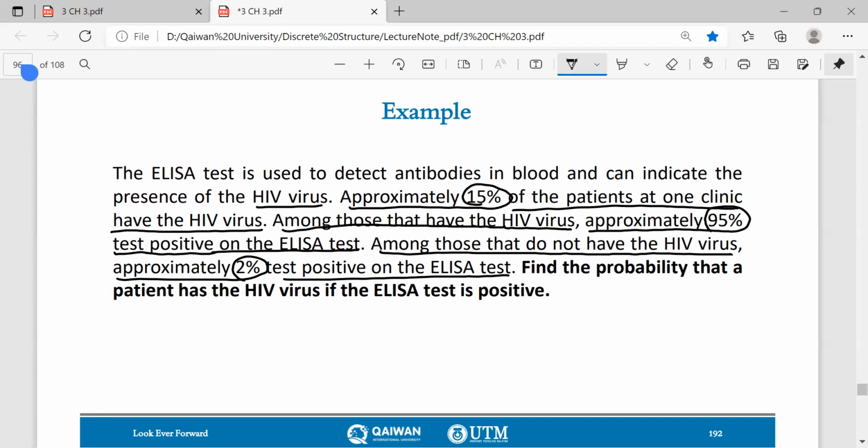It says find the probability that a patient has the HIV virus if the ELISA test is positive.